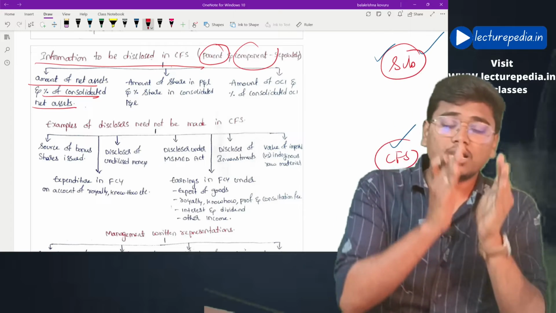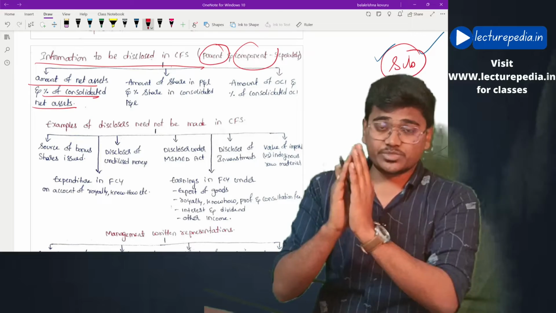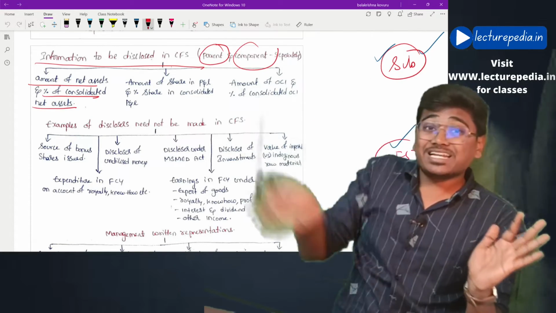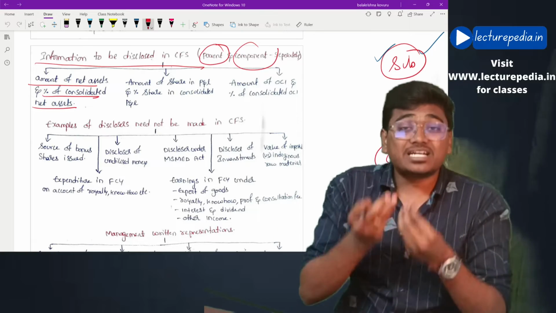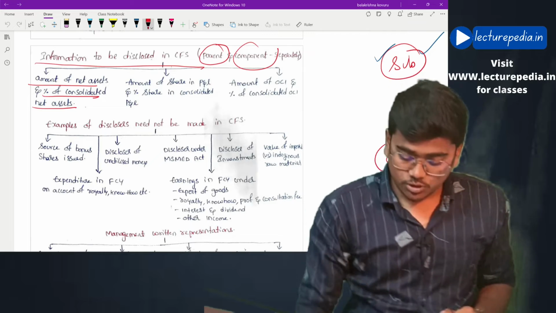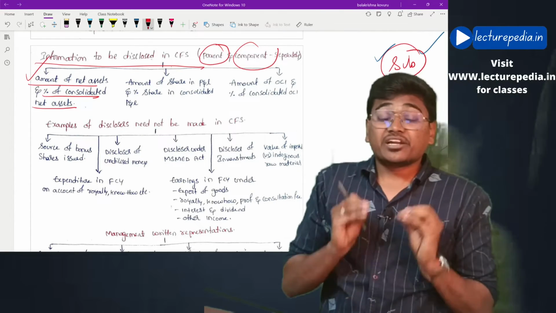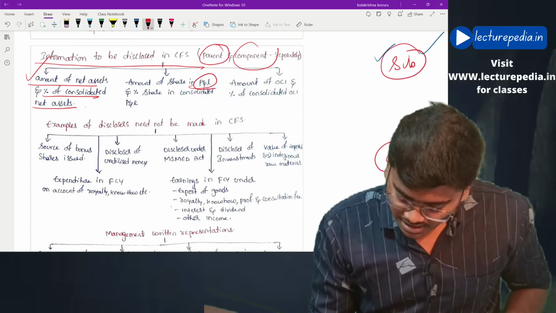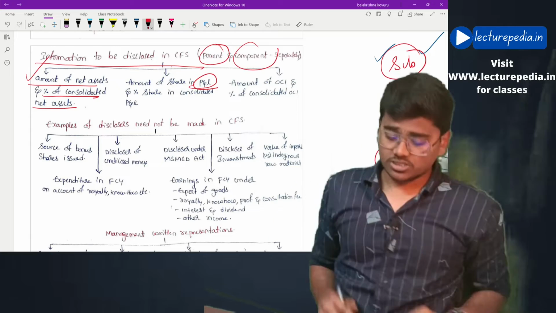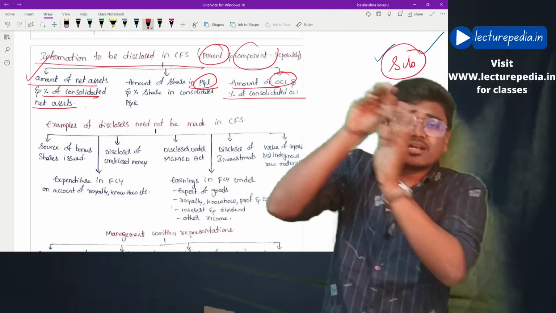What is the amount of net assets of the parent, and what is the amount of net assets of the subsidiary, and what is the percentage of net assets of the parent to the total assets, and what is the percentage of net assets of the component to the total assets. This disclosure has to be made in the consolidated financial statements related to the assets. In the same way, share in profit and loss, the same type of disclosure, but related to profit and loss. Next, amount of OCI and percentage of consolidated OCI, the same disclosure related to OCI.